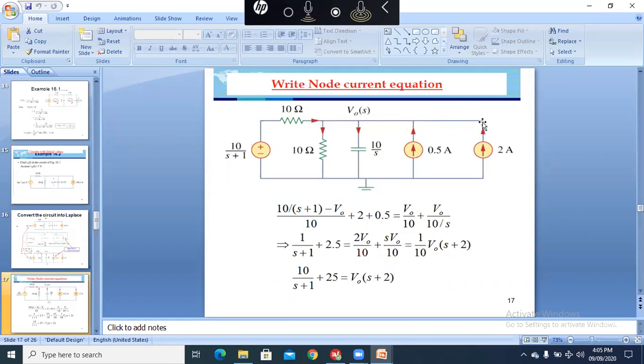This current, this current and this current are entering the node, and we find the value of this. So at this point we have V naught of s.